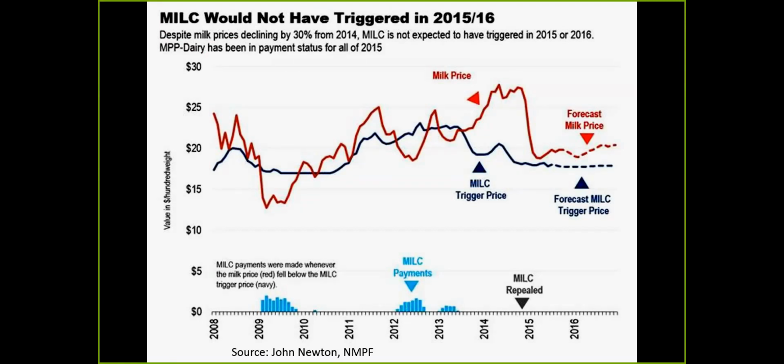And the other thing that happened was the Milk Income Loss Contract Program, which you all may remember, also went away, right? It had been around since 2002. And so what John did here in this graph is look at what the Milk Income Loss Contract Program would have done had it been in existence now, and the answer is there wouldn't have been any payments in 2015, and there's none projected in 2016.